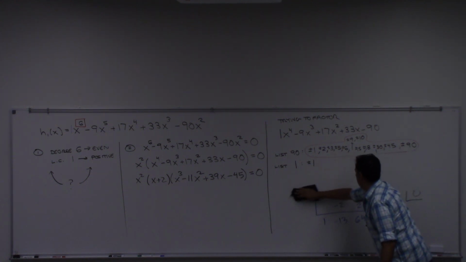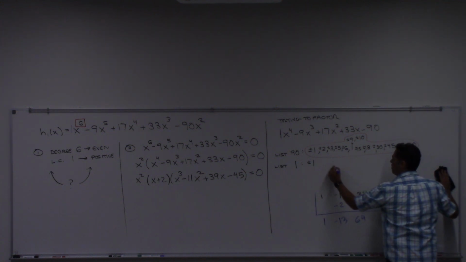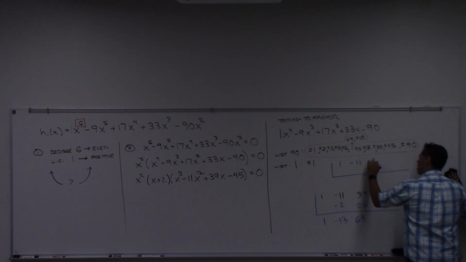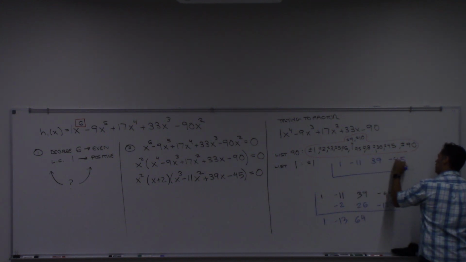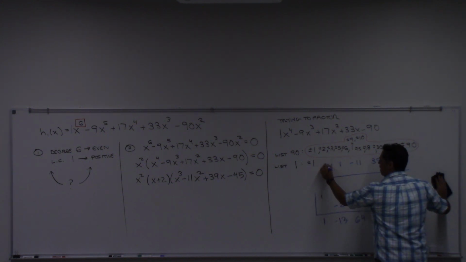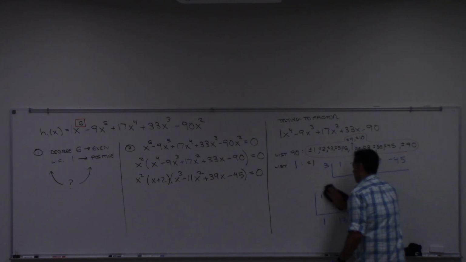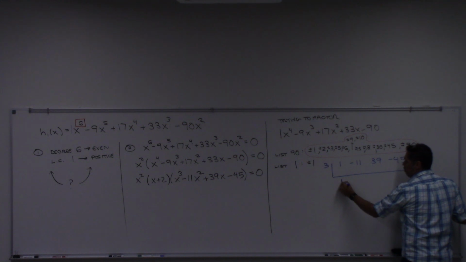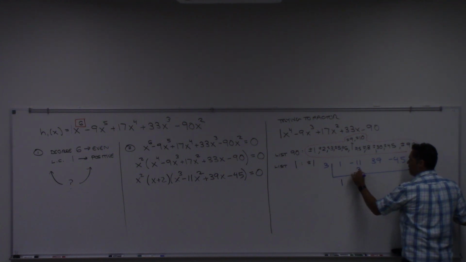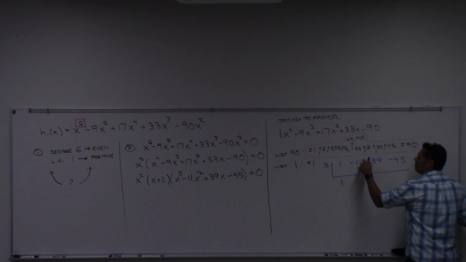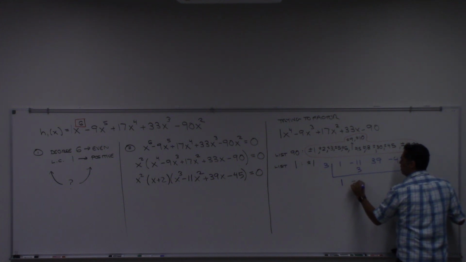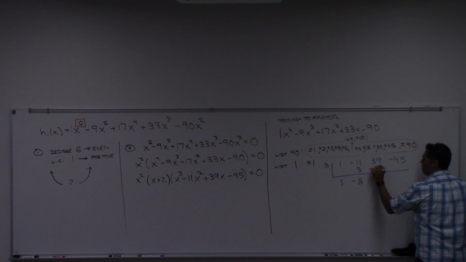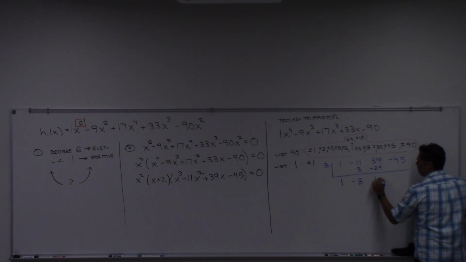Okay. Here we go. Here's my synthetic division box. I've got 1, -11, 39, -45. And now let's go to 3. Okay, I'm hoping for the best here. 1 comes down. 1 times 3 is 3. What's that? -8? -24? 15?